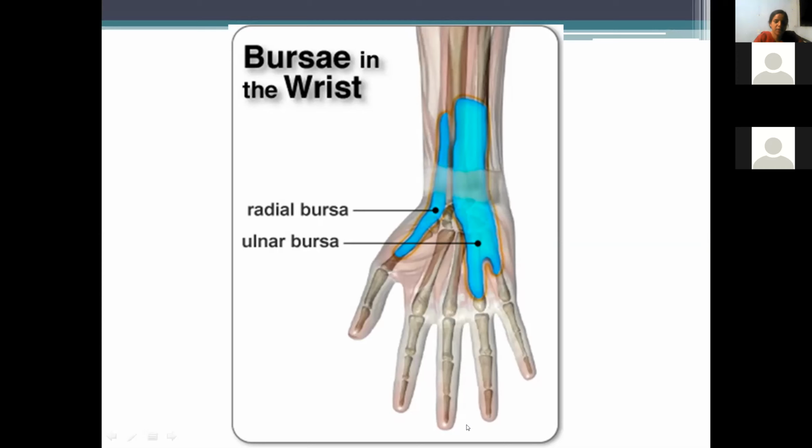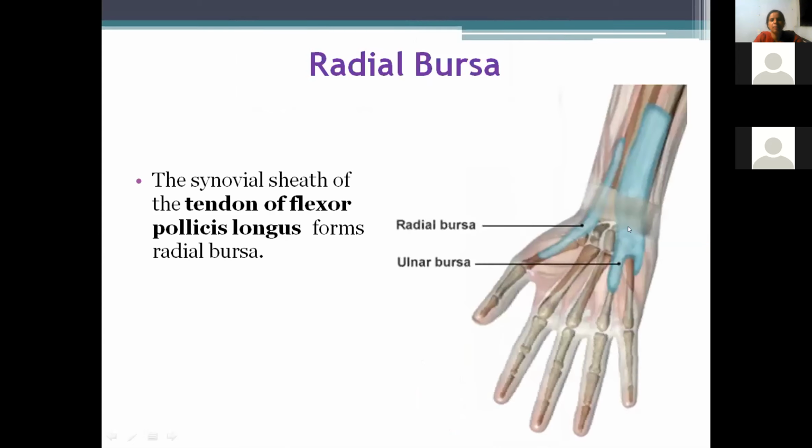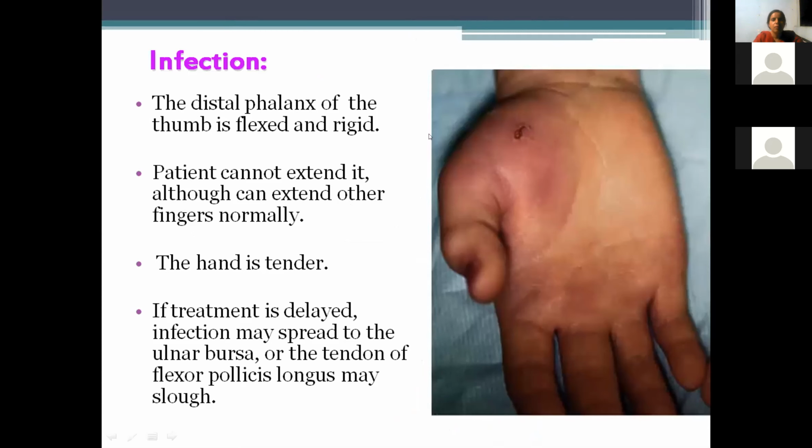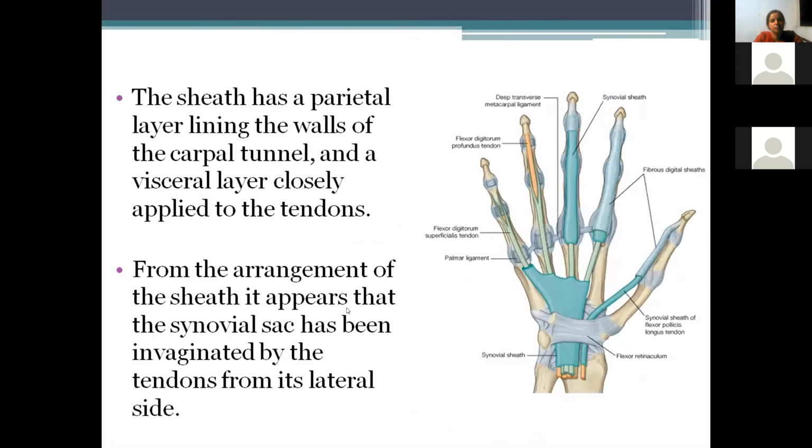That is actually called the bursae. Then you see here, these are the bursae, like the radial bursa is towards the thumb, beta. The flexor pollicis longus will have this covering. The ulnar bursa is this, infection, ulnar bursa.